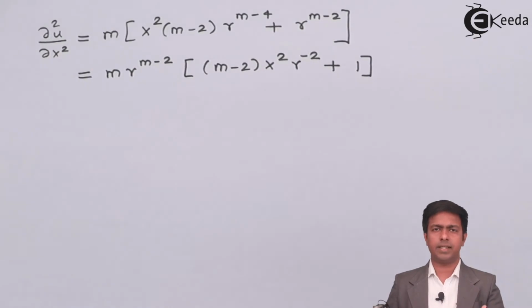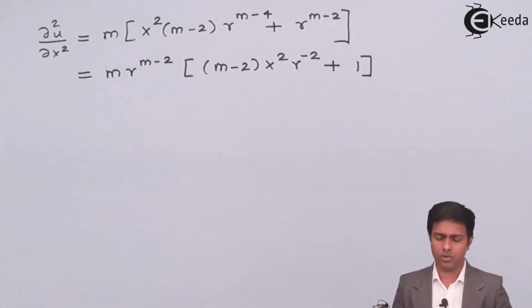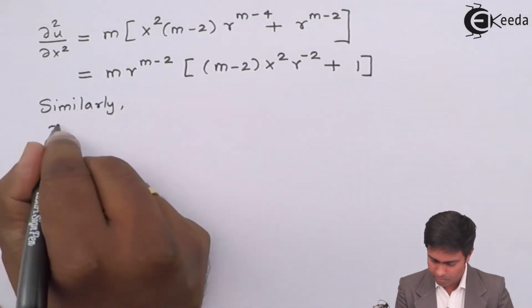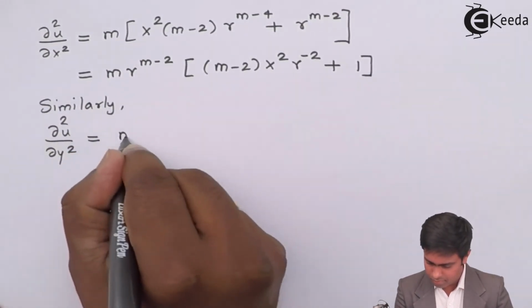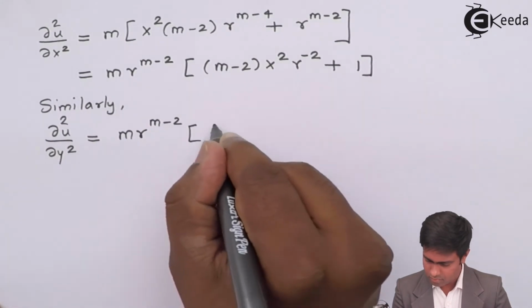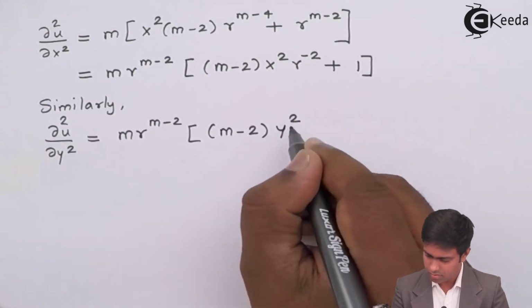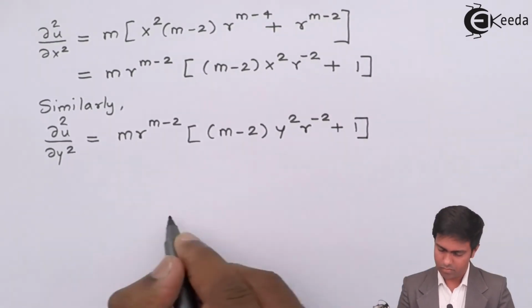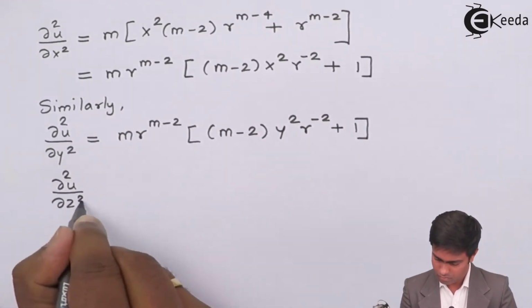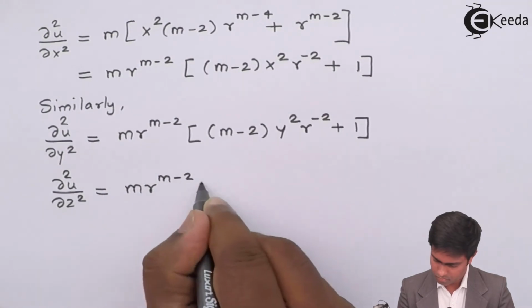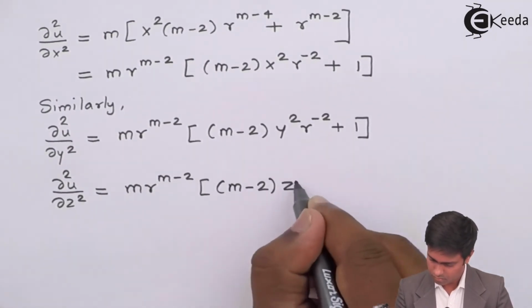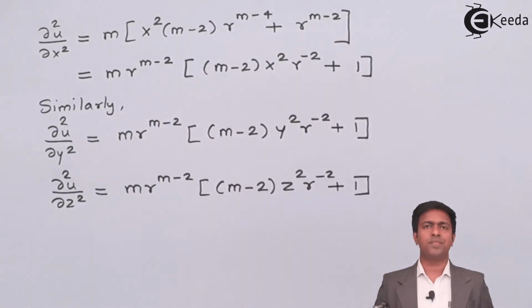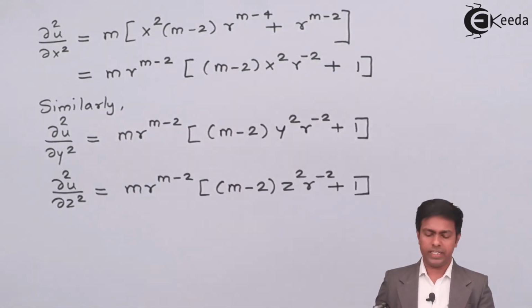We will directly write this similarly and write down the value. So here we got all the three values.